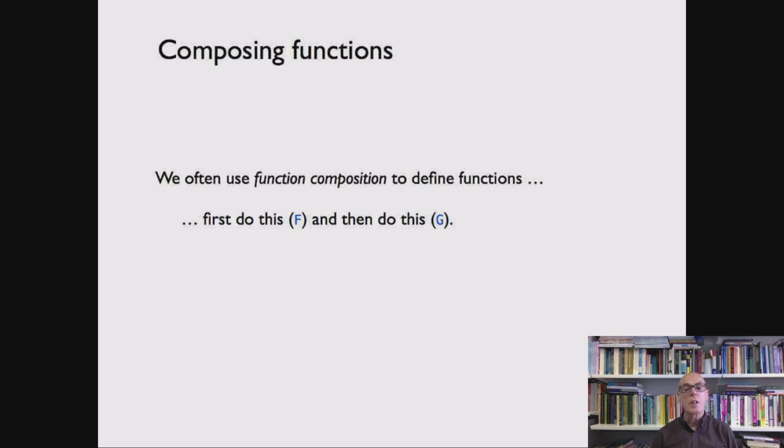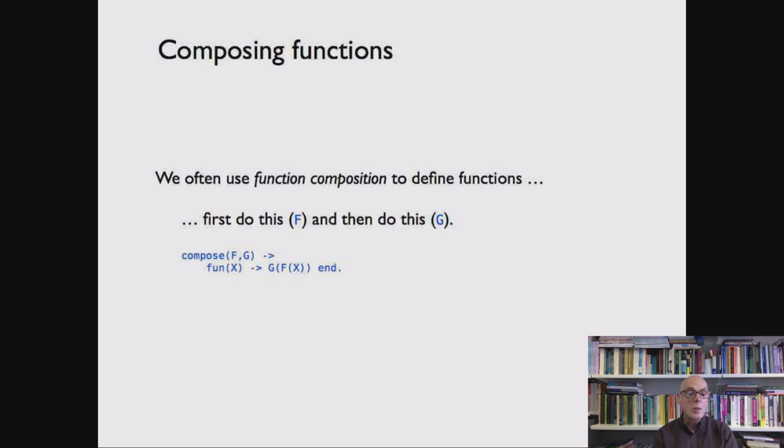First we want to do one function, then another. We can define a function called compose that takes f and g as arguments and returns a function. What is that function? It's a function that takes x and returns g of f of x. So first f is applied to x and then g is applied to the result of that.